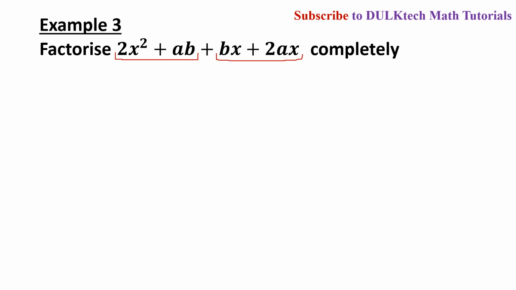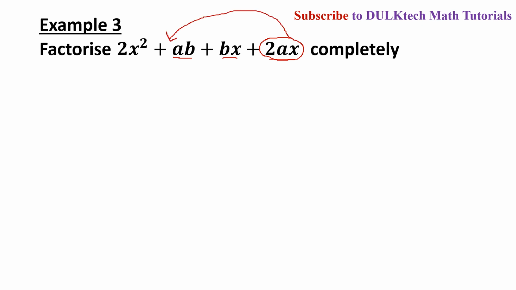So if that is the case, then we have to rearrange this expression. Since 2x squared is not doing well with this ab, then try 2x squared and bx, or 2x squared and 2ax.